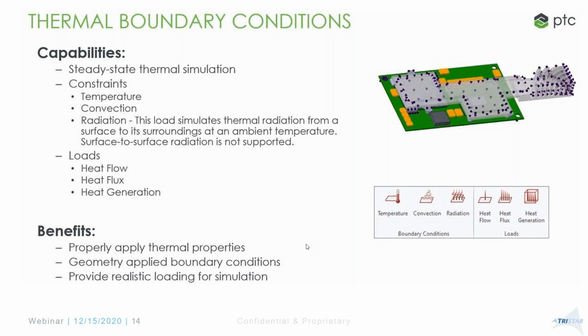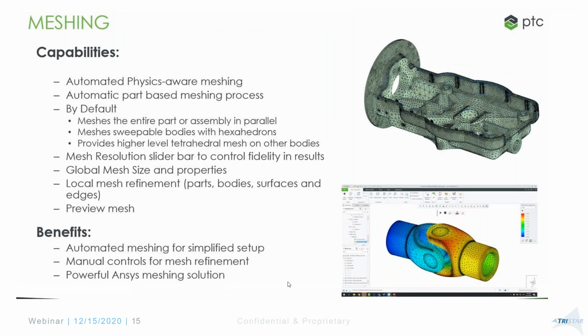But just to give you an idea of thermal, basic steady state thermal simulation could also be done inside of Creo ANSYS simulation. The meshing, like I told you, this is a high fidelity simulation tool, so it obviously needs some very good meshing controls. By default, it is physics aware.